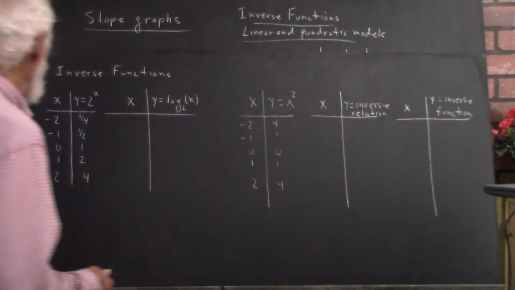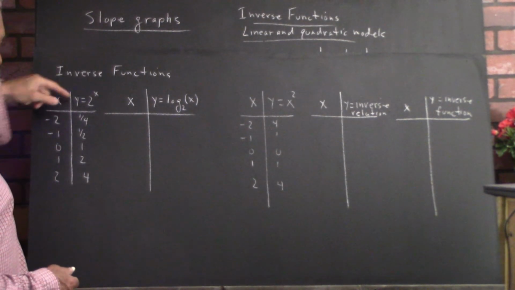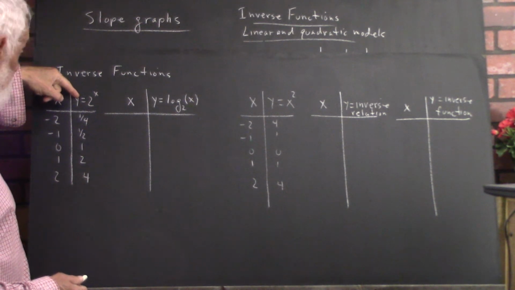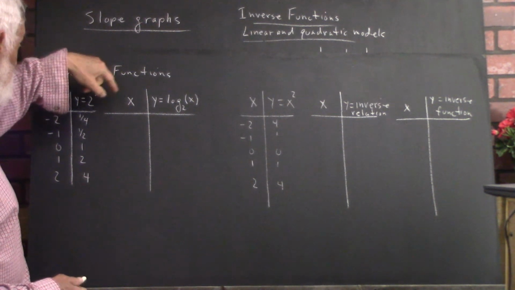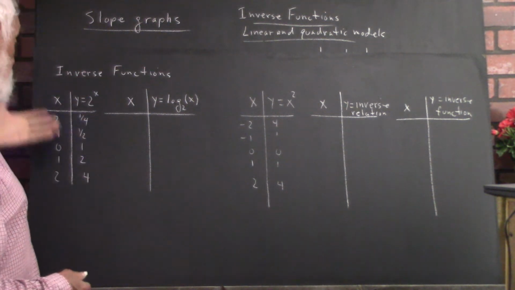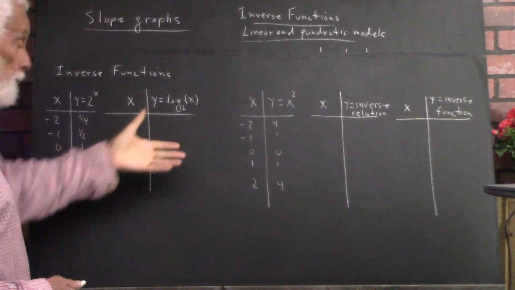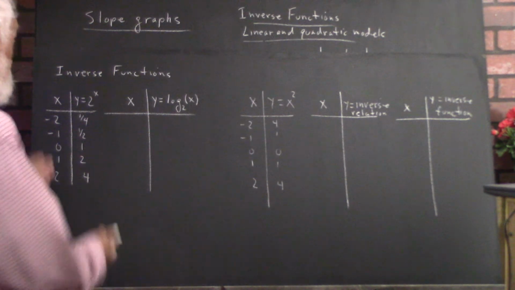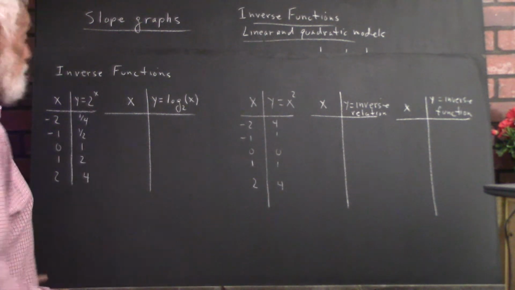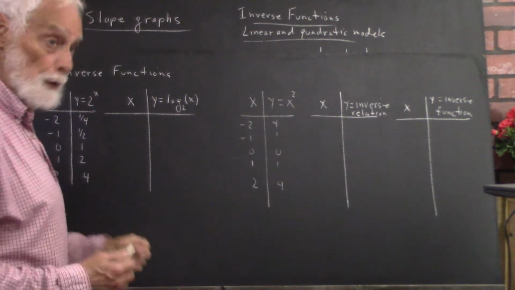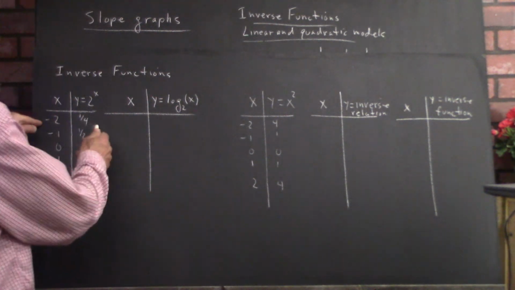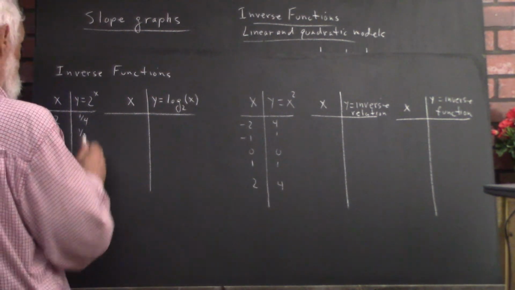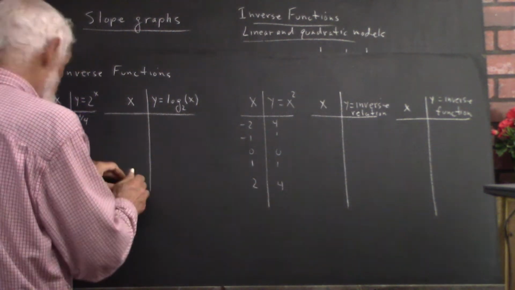Okay, so first of all, we start with the graph of your basic exponential function. Or the table for the basic exponential function. We're going to do a table for the inverse function. Once you have the table for the exponential function, the table for the inverse function is really, really easy. You just reverse the numbers in the columns. Take the numbers in the second column, put them in the first column.